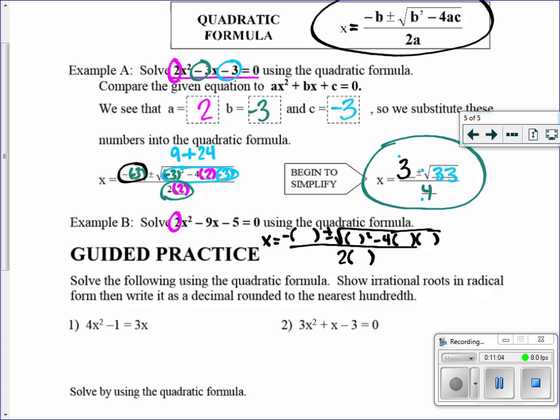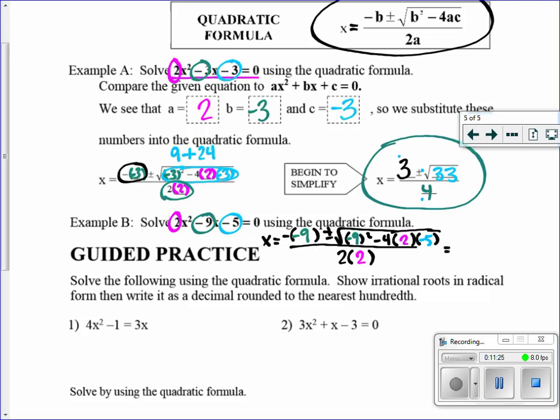Here's our A value. So our A goes there and there. B value, which is -9, goes here and here. And then C value, which is -5, goes in there. Now simplify. Next step is always just simplify it.